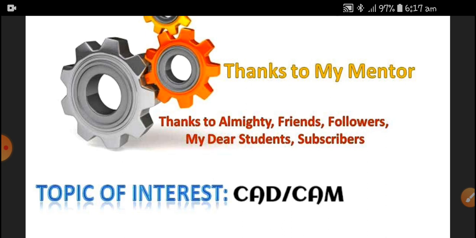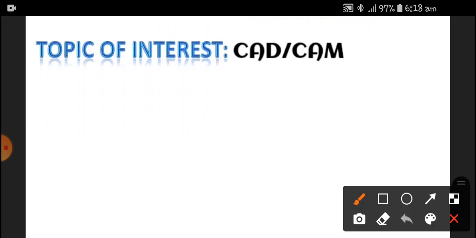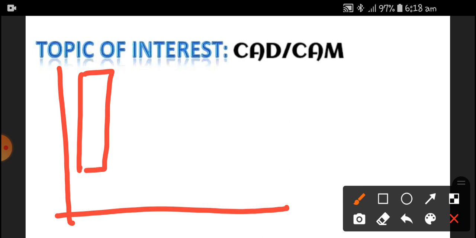So this CAD CAM is a concurrent engineering process. What I am saying, the concurrent engineering process. In olden days, for a new product, they will do first a market survey. After that, they will do the feasibility survey, and they will do this for each and every product.